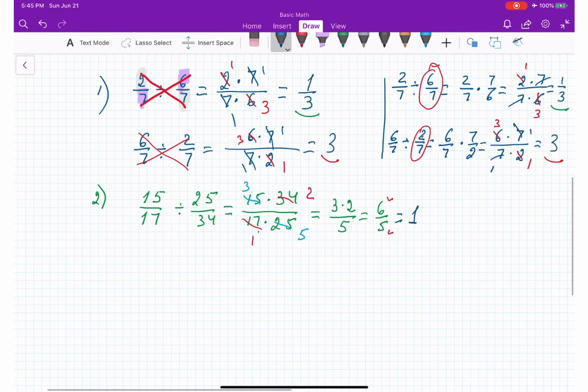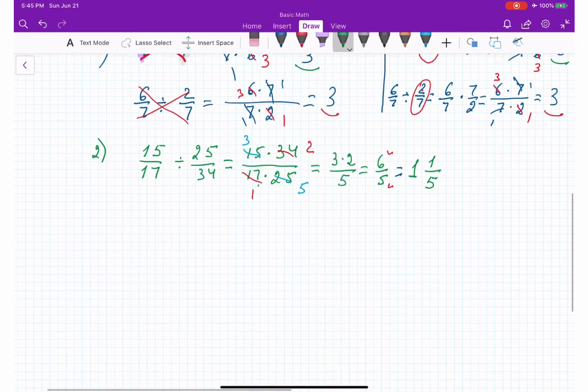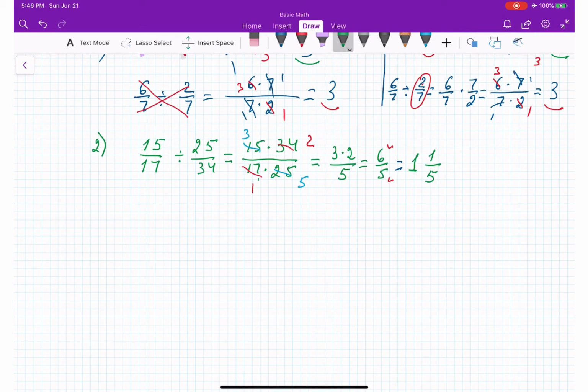And the remainder is going to be 1, right? 1 times 5 is 5, but we have 6, so the remainder is 1. And the denominator stays the same. Okay? All right. Let's move to the next problem.